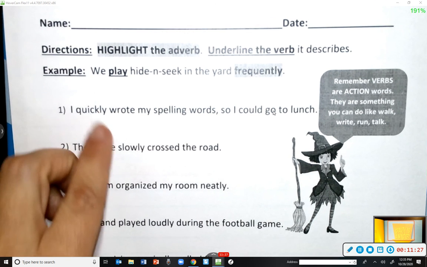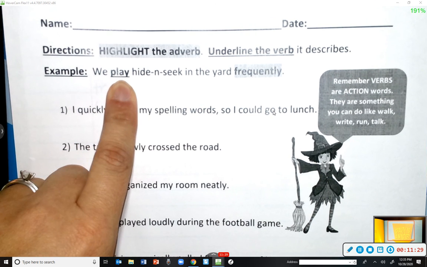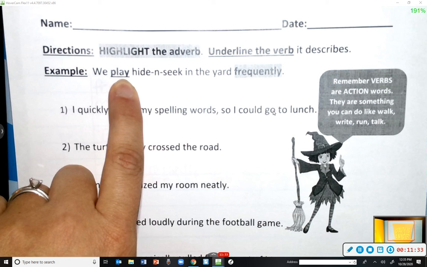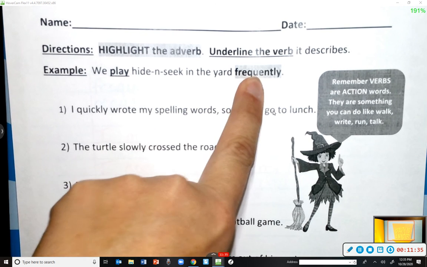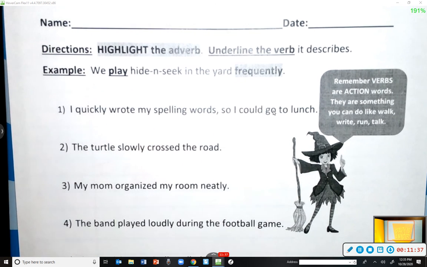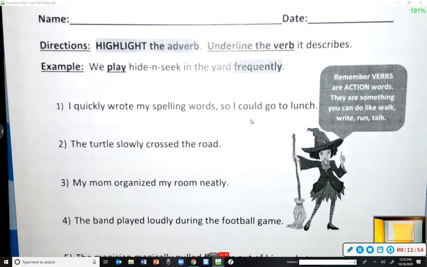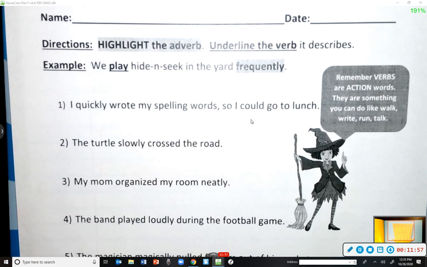What is the action word? Play. So we underline it. Well, how often do they play? Frequently. So that's the adverb we highlighted. Okay? To me, sometimes it's easier to find the verb first and then figure out what the adverb is that goes with it. Remember, the verb is what they're doing. What is an action word you can do? Okay? Underline the verb, highlight the adverb.